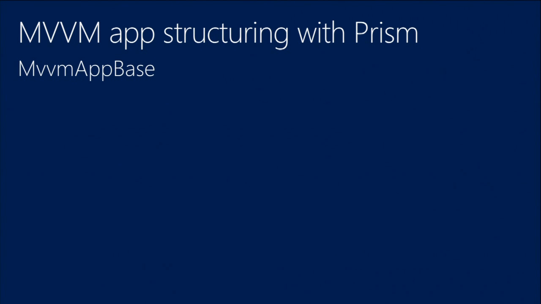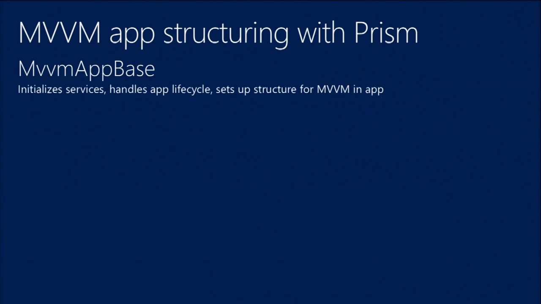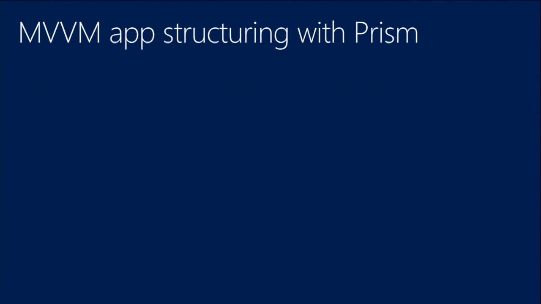Most of that stuff we encapsulated down into this class, and we made it so it sets up some common services that make it more friendly to doing MVVM, basically. So it basically initializes a few services I'll touch on, sets up that boilerplate code for the application lifecycle, and gets it ready to be an MVVM app.